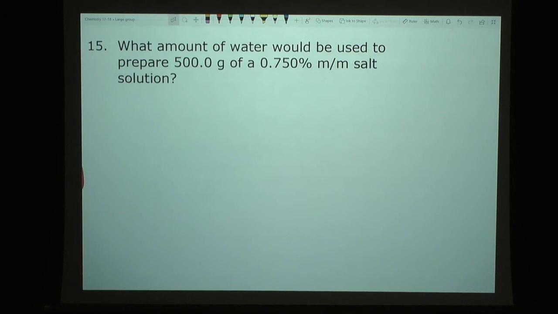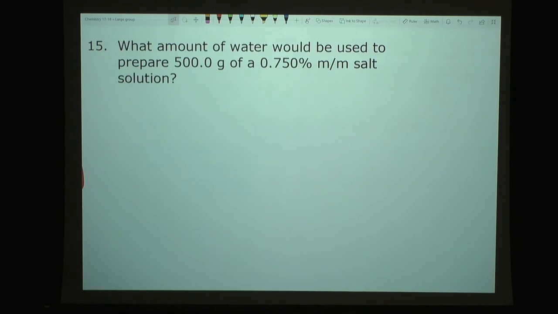What amount of water would be used to prepare 500 grams of a 0.75% mass-to-mass salt solution? Oh, this isn't good. What amount of water? Mass to mass.